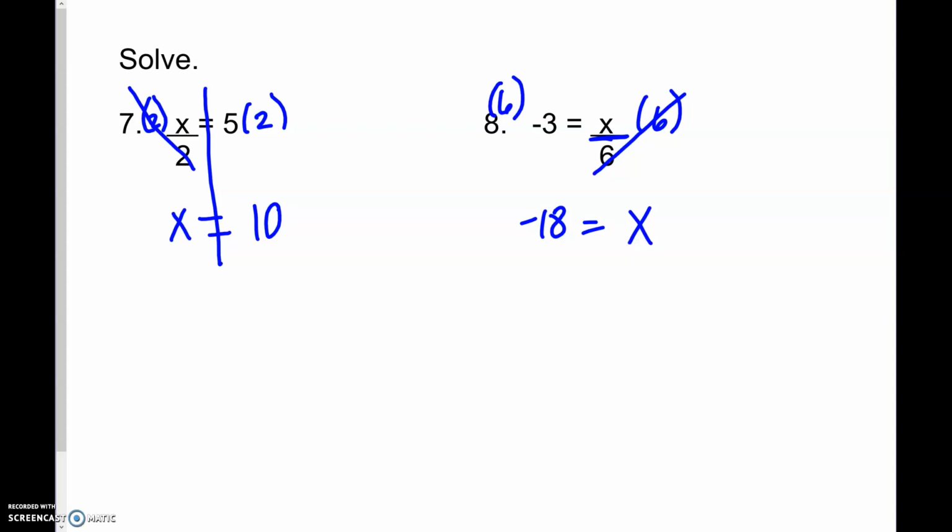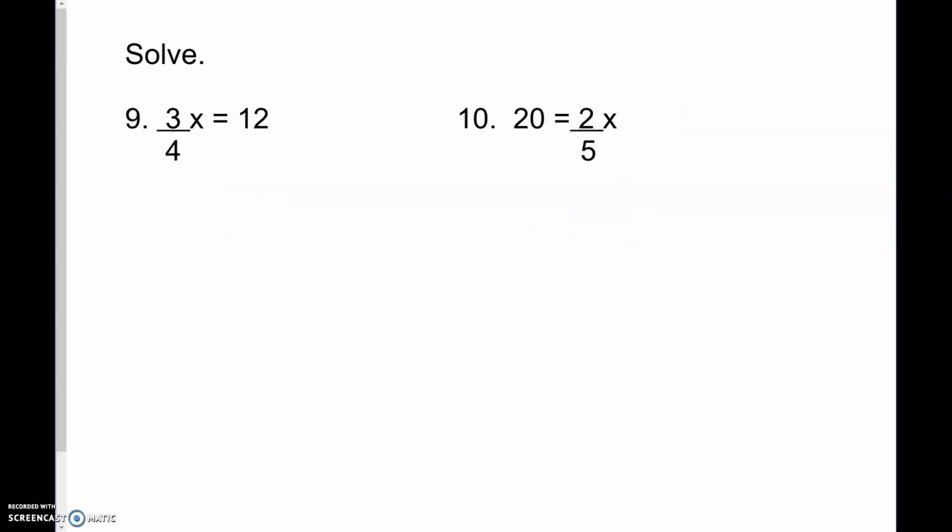All right, now the hard ones. Right here, when we have a fraction in front. So what we're going to do is, if I kind of erased this 3 over 4 and thought that that wasn't there, how do I get rid of the 3? I would divide both sides by 3. But then we have to also get rid of this 4.